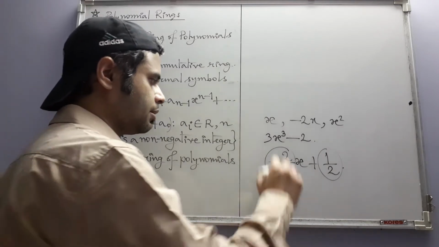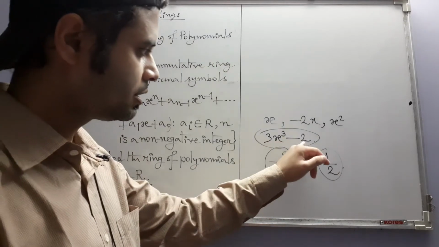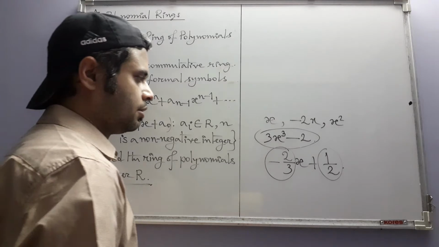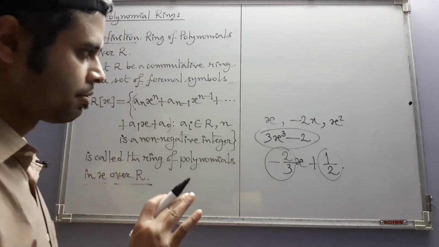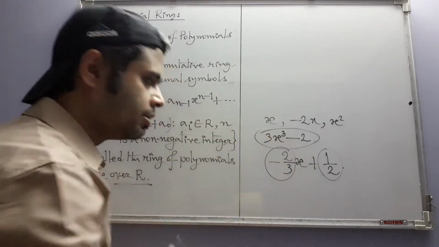But most often in the elementary treatment of these things, the coefficients that we considered were mostly integers. Now comes a very crucial difference between these symbols and these symbols.